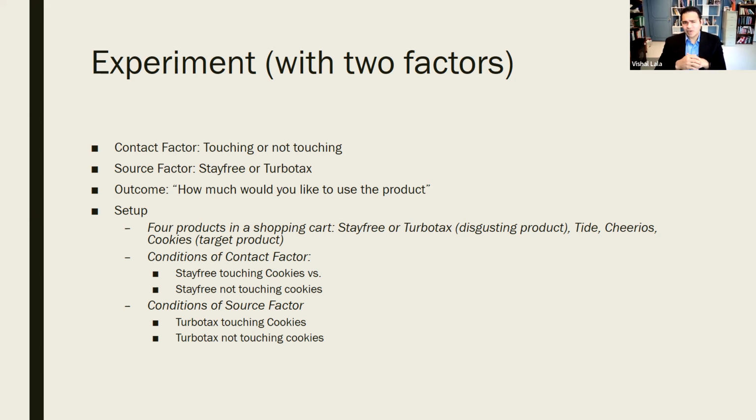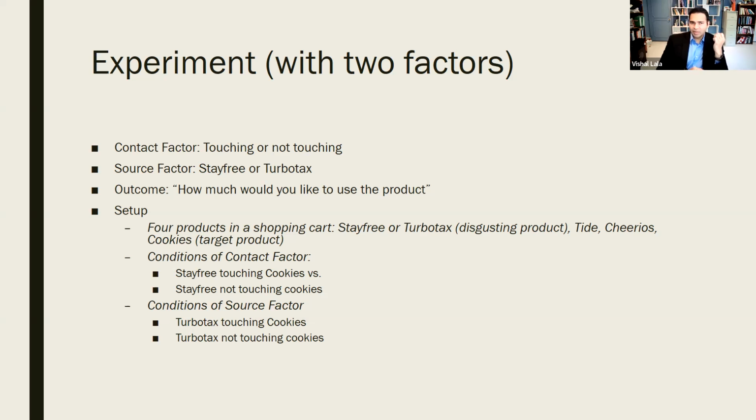So they decided to manipulate not just one factor, but 2 factors. This is quite realistic. In most cases, we don't just change one thing. We often want to change 2, 3, 4, 5, 6 things. So they've gone with changing 2 things. They examined the role of touch and no touch or contact. They also decided to examine the effects of one more product.